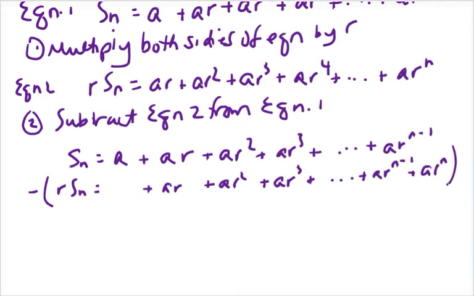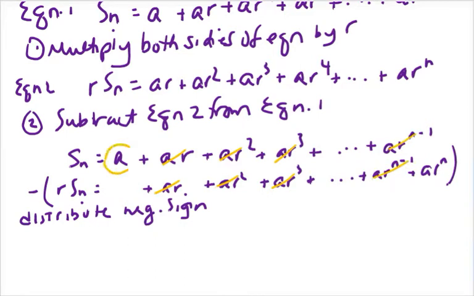Okay? Don't forget to distribute the negative sign. You've got to distribute that negative sign into all the terms on the second equation. And when I do that, you'll see that these terms will cancel out when you perform the subtraction, and what you're left with is this leading term and this ending term.